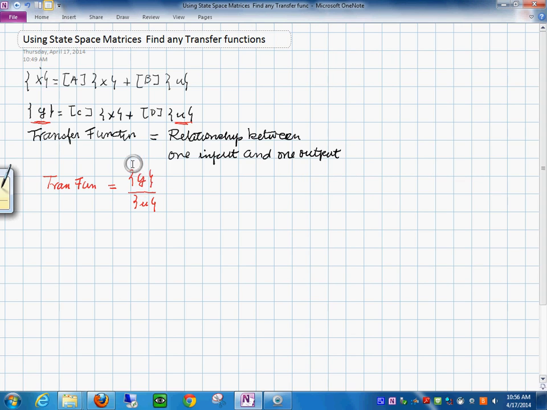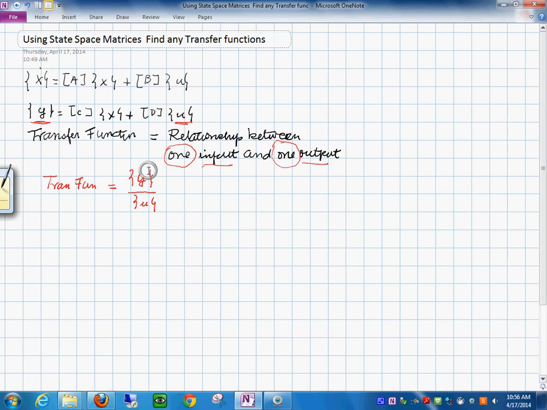In this case, I want you to recognize that when I am talking about the vector y, I am talking about several outputs, and the vector u, also several inputs. Here is the relationship between one input and one output.